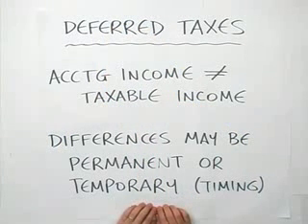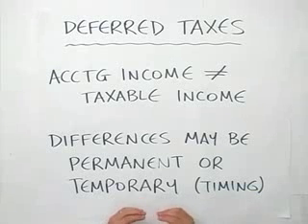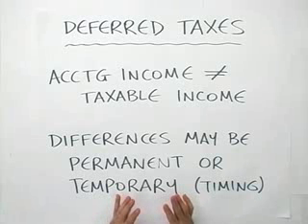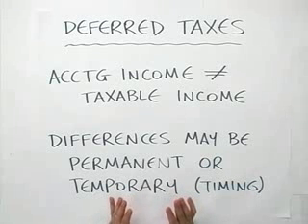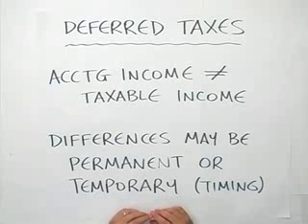These differences may be permanent differences or temporary or timing differences. And it's important to be able to understand both of them. It's also important to be able to tell which kind of difference one is, because they are accounted for differently when you reconcile between accounting income and taxable income.